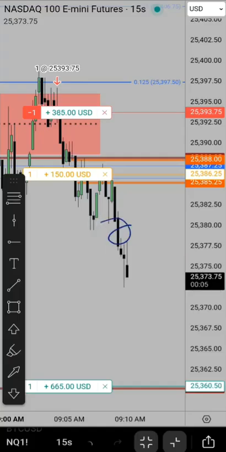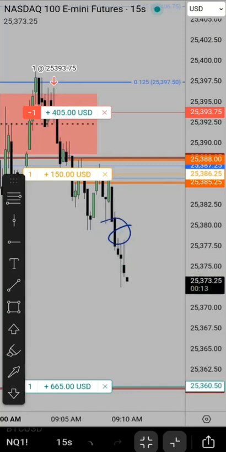Watch this gap here. I'd prefer to see it stay open. And this is micro, high frequency trading, micro market structure, put it that way.